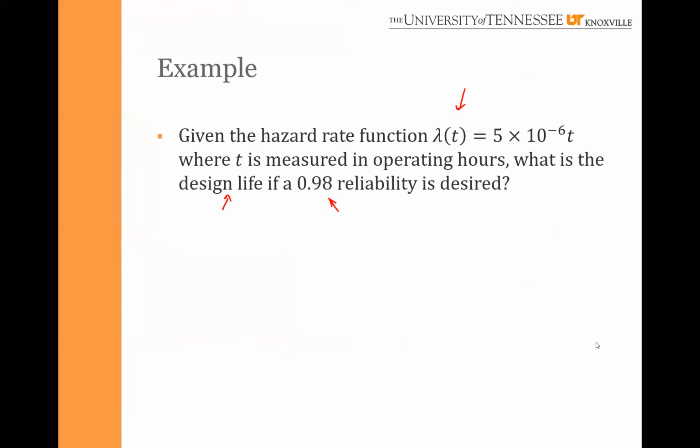The equation is R(t) equal to e to the minus integral from 0 to t of lambda(u) du. So R(t) is equal to this amount, from 0 to t.